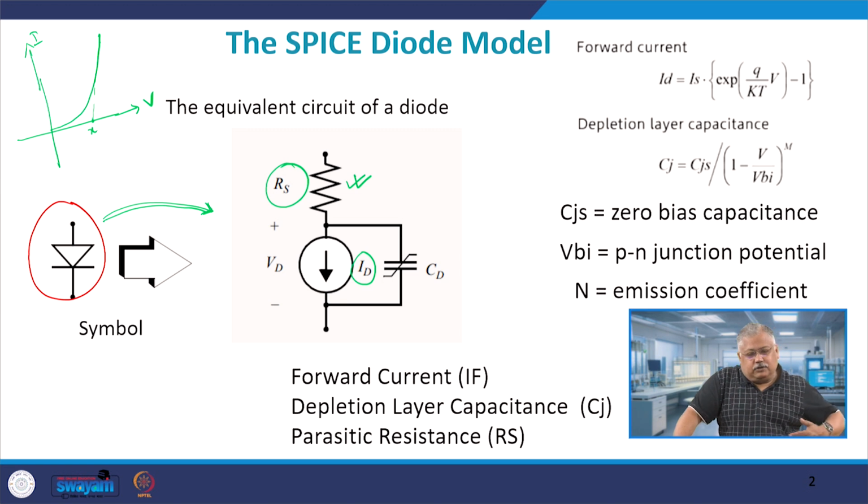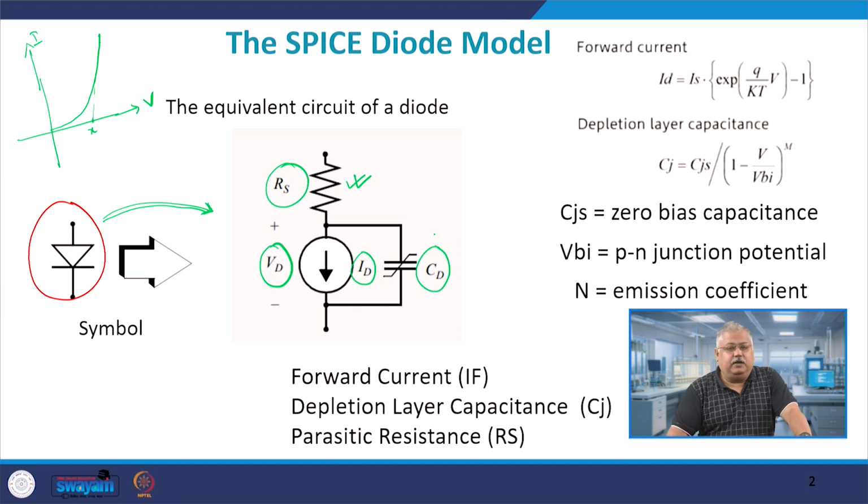The current actually increases very fast with a very small change or almost no change in the voltage, which means that the voltage across the diode is latched to that particular value, and therefore we say that the voltage is fixed. That voltage is given as the voltage across the diode Vd. And we will also look into Cd, which is basically the effective capacitance available across the two edges of the diode. So, basically an RC element is being chosen here, and we are trying to find an equivalent circuit of a diode.